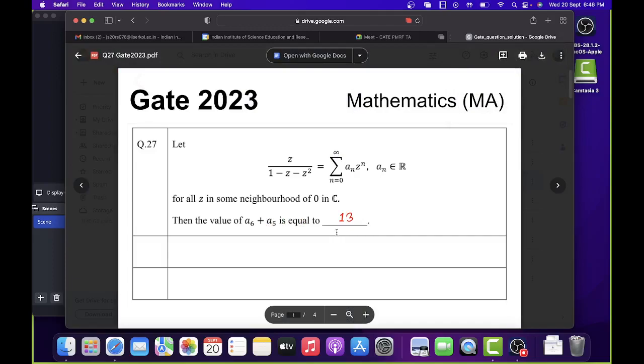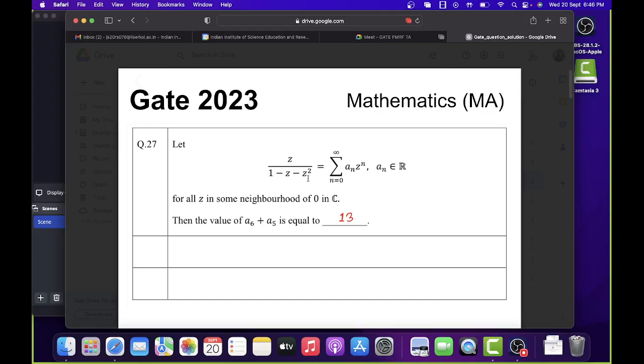Yeah, this question you can also solve by doing the partial fraction. Then it will become something simpler. Suppose we take the golden ratio, take this root alpha, and it will satisfy this identity, right? Alpha square minus alpha minus 1 equals 0. So it will become something like 1 by z minus alpha minus 1 by z minus beta.